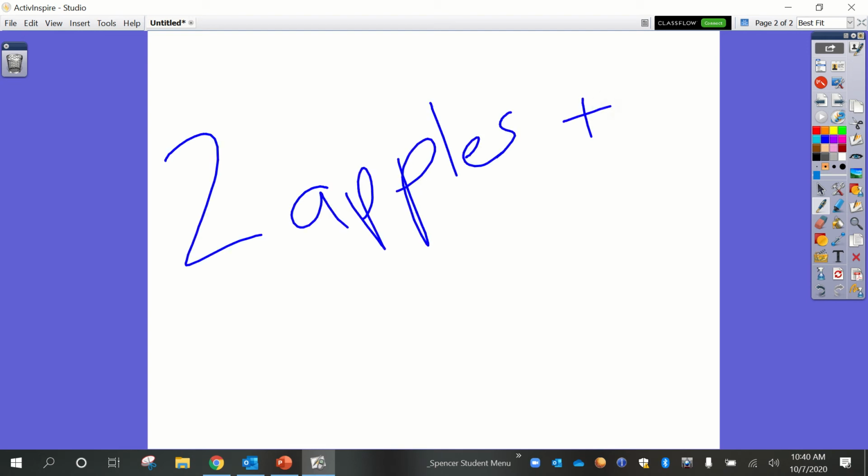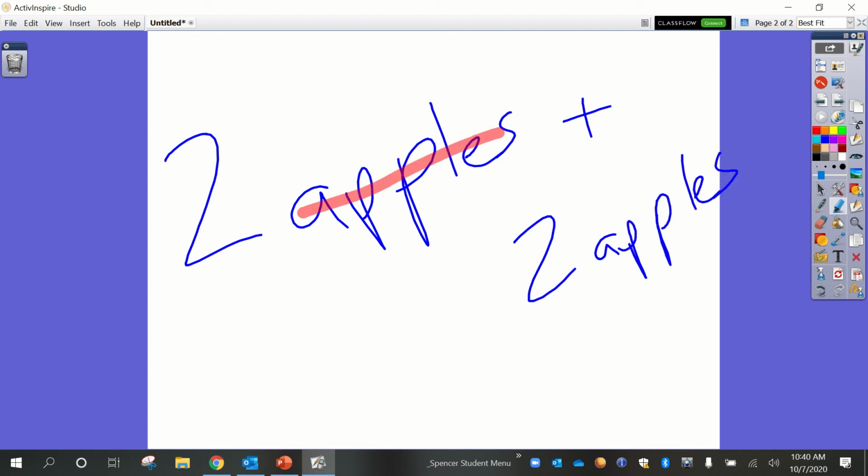Let's start with using unit form. So we're going to just use unit form to start adding. When I talk about unit form, it's like saying 2 apples plus 2 apples. The unit is apples, so we say a number plus the word unit.